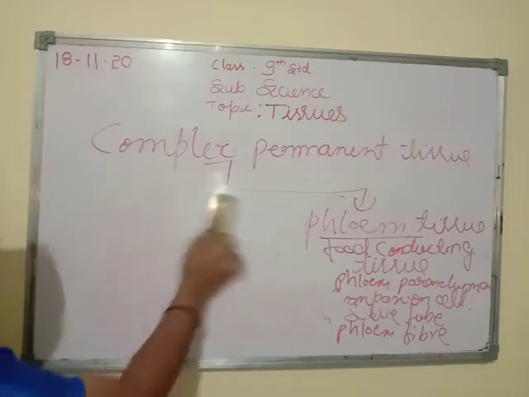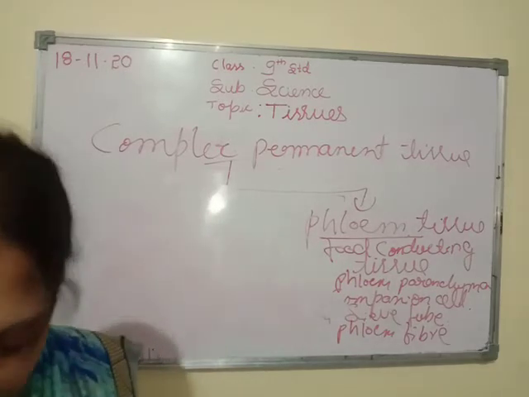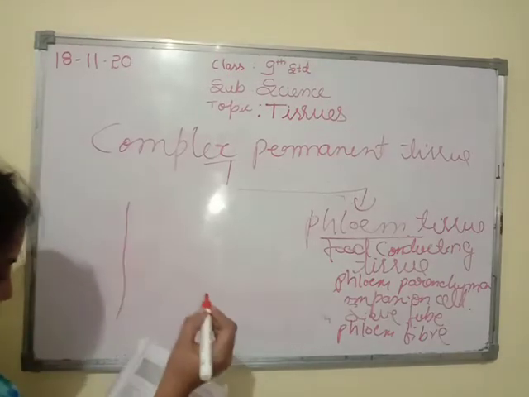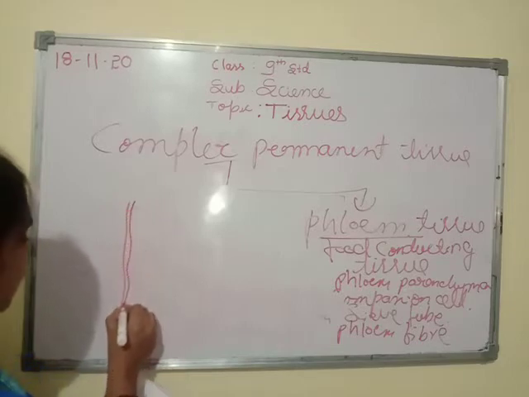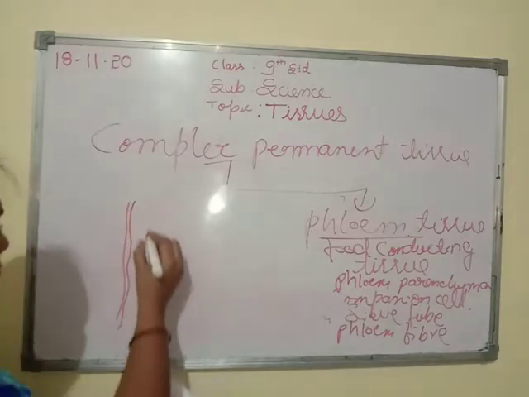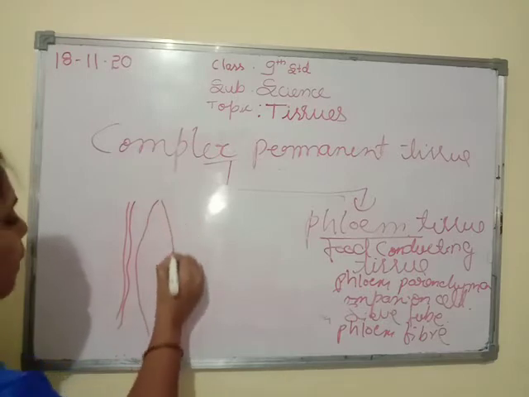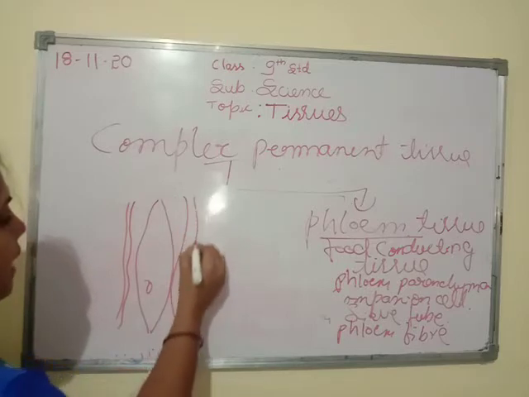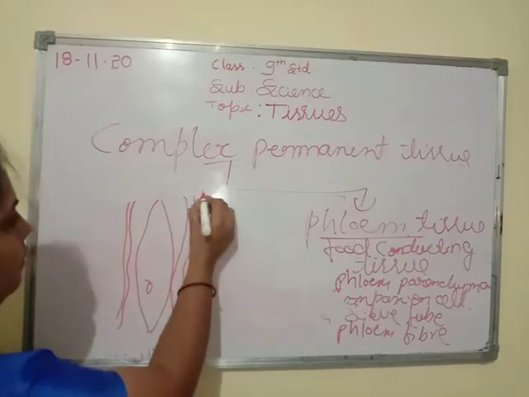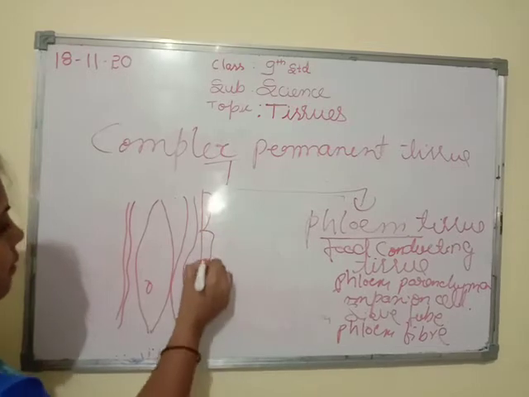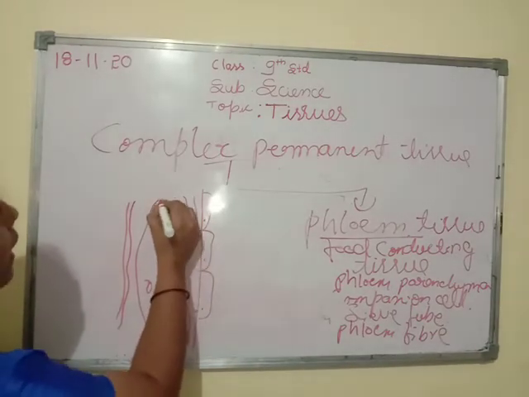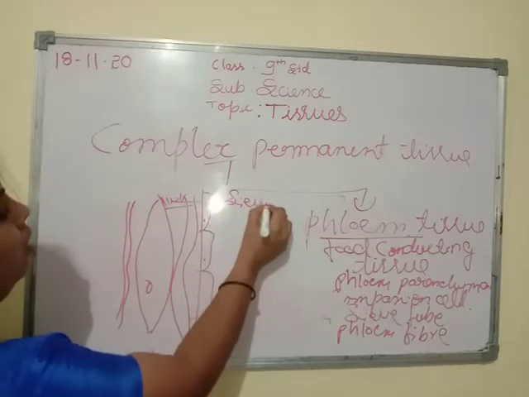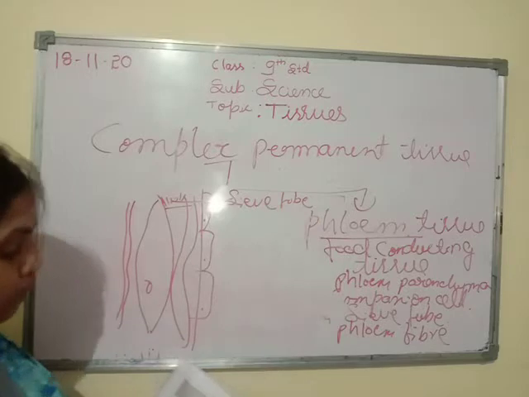So let us draw the diagram of phloem tissue. It is like this. These are the phloem parenchyma, companion cells, phloem parenchyma, and these are the sieve tubes. This is what? Sieve tube.